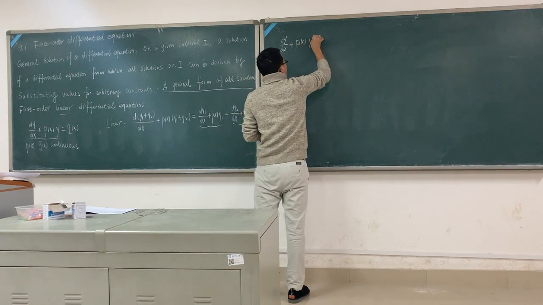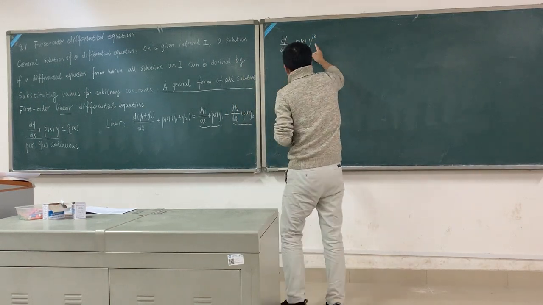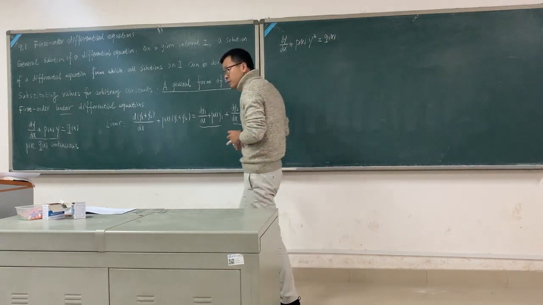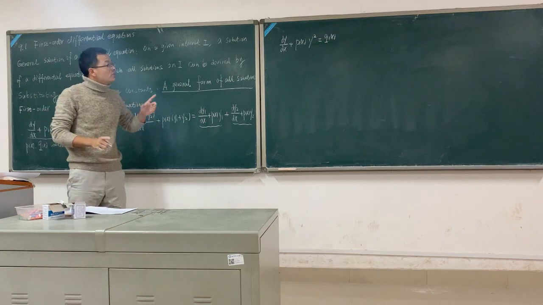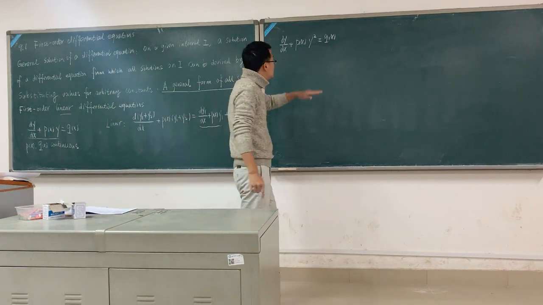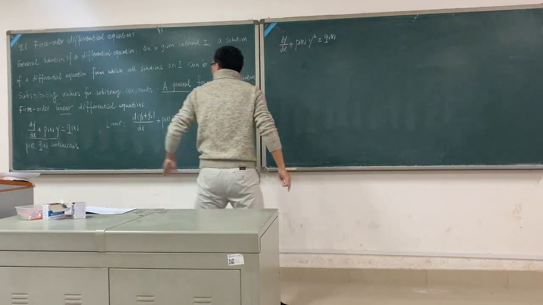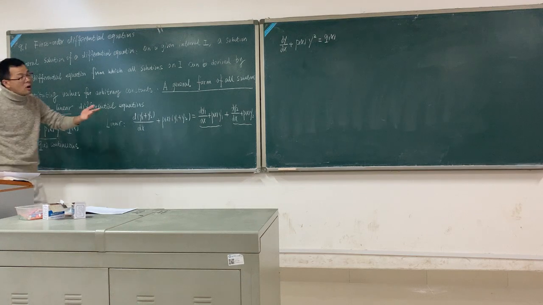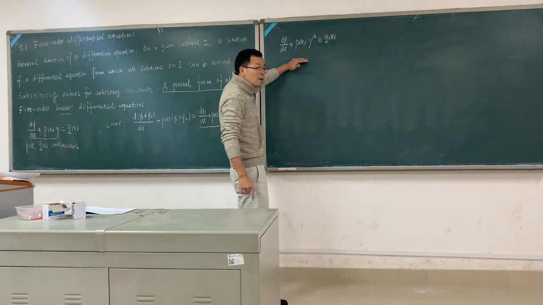If here is y squared equal to q(x), now for this one, the difference is here is y squared, here is y. This one we call linear, but this one actually is non-linear. Why?